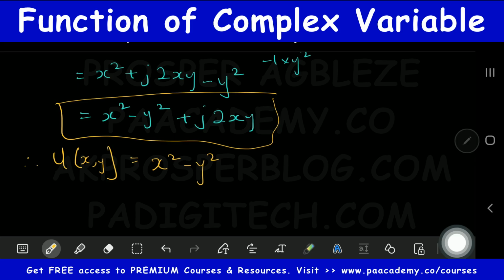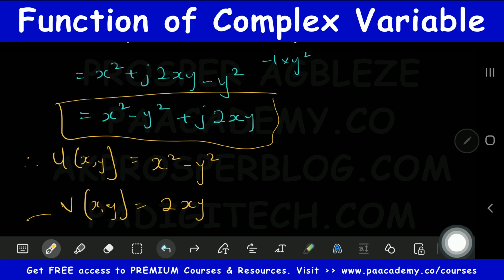This is the real part. The imaginary part is the part that is having the j. That's one easy way to identify it. That's going to be 2xy. You don't need to put the j because this alone has shown that we are talking about the imaginary part, so we don't need to include the j right here.